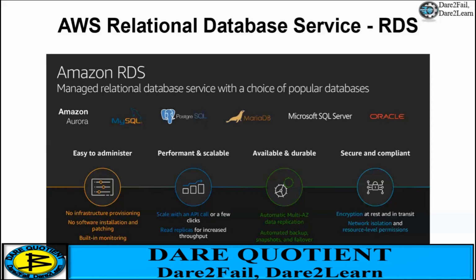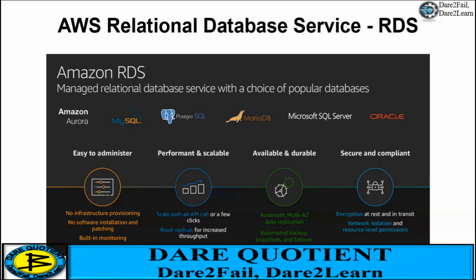So this is a figure here that shows you the different types of relational databases on the Amazon platform. The reasons you want to use a relational database: one of them is it's easy to administer.